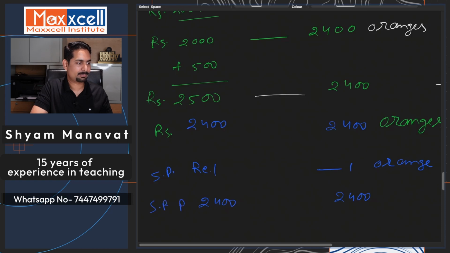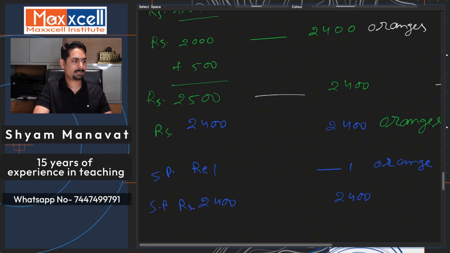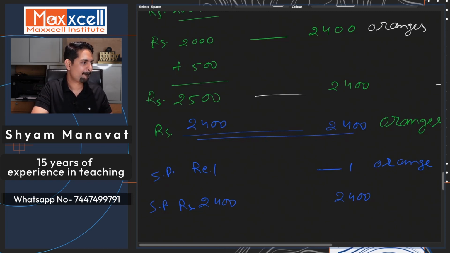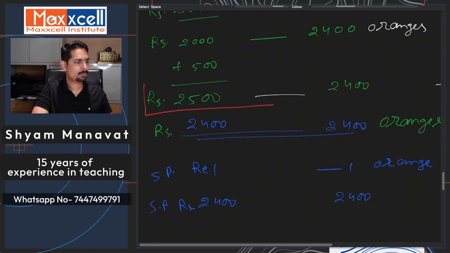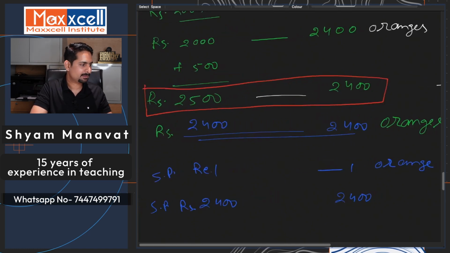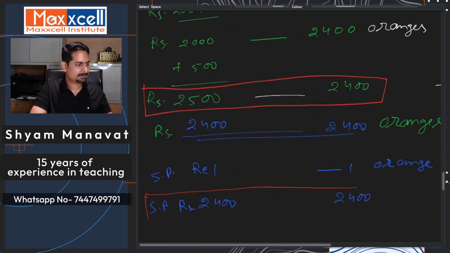I hope that's clear to you. This is what I was trying to say here. So bottom line is, this is the expenditure, so cost price, and this is of course the selling price.